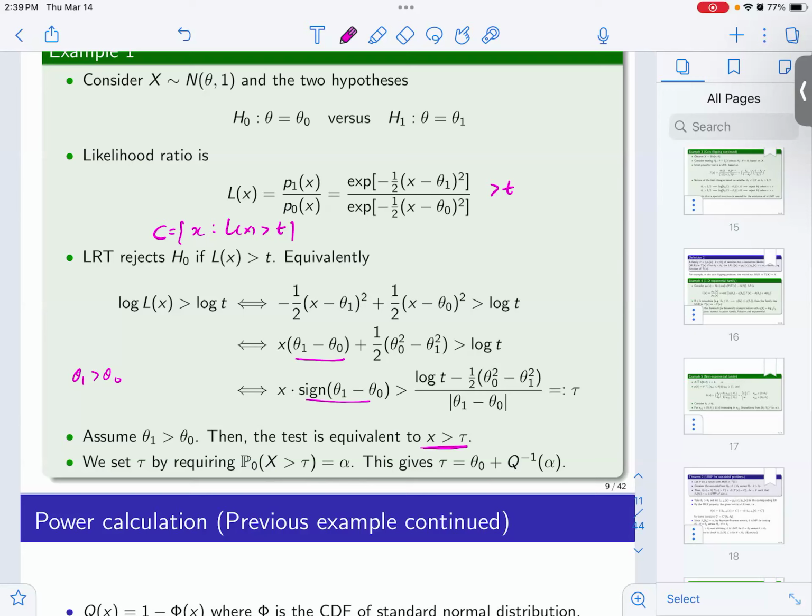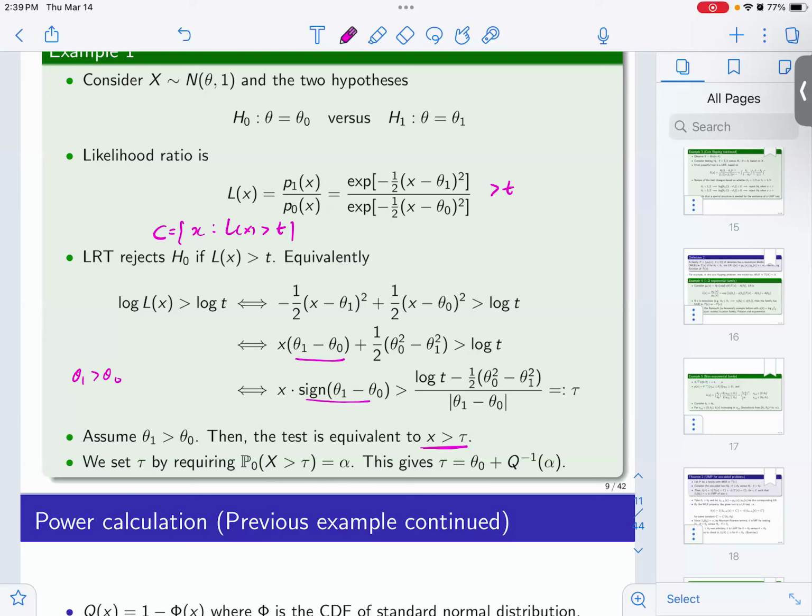And then I can set this threshold by requiring the level to be alpha. So the level of x will be the probability of rejection of the null. So I set this equal to alpha and I solve for tau.